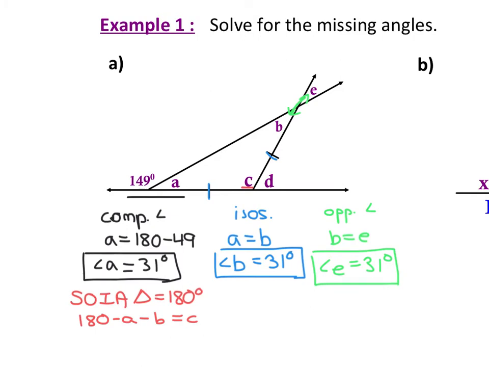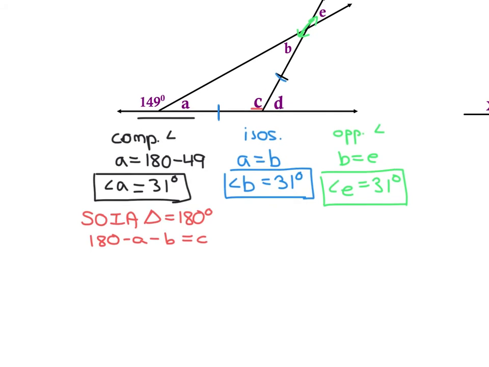Okay. So 180 degrees, subtract 31, equals 118. Okay, so what I found is angle C equals 118 degrees.